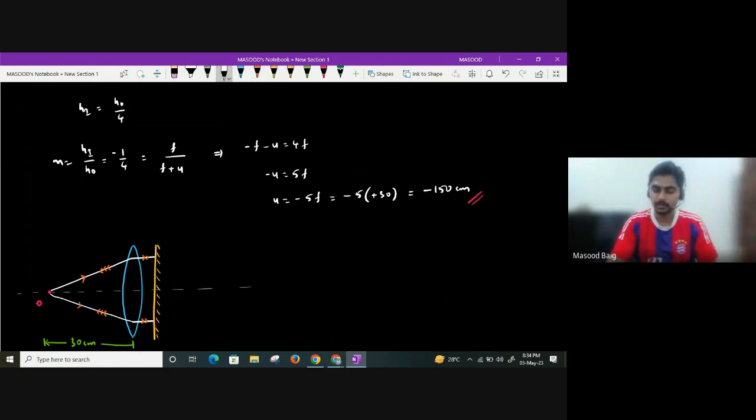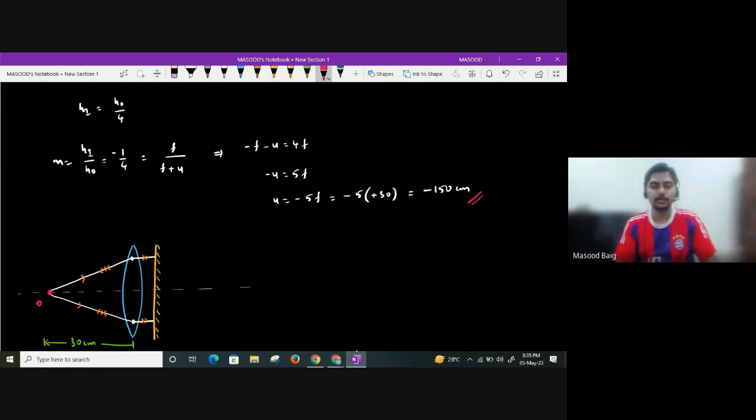Very simple logic: we have taken the object, some incident rays are falling on the convex lens. For the final image to coincide with the object, what is the condition? The refracted rays coming out of the convex lens should fall normally. So when will they fall normally? If they are parallel to the principal axis.